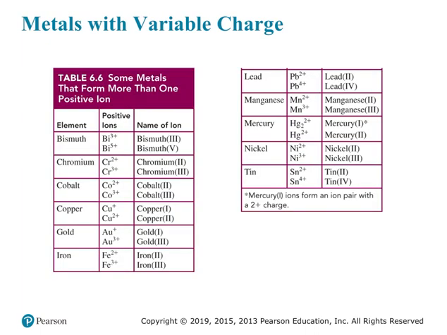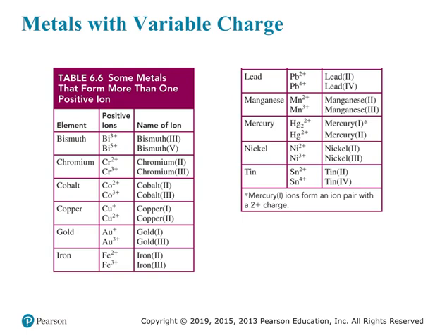All right. So in your textbook, there's table 6.6, and this shows a lot of different examples of transition metals with different charges. So, for instance, bismuth is an interesting one.